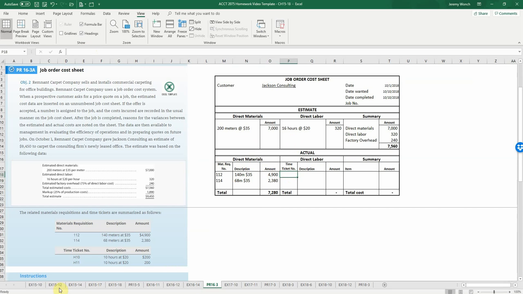It says they have two different time tickets on this, H10 and H11. That's 10 hours at $20, and then 10 hours at $20 again, so it's going to be $200 in total labor.